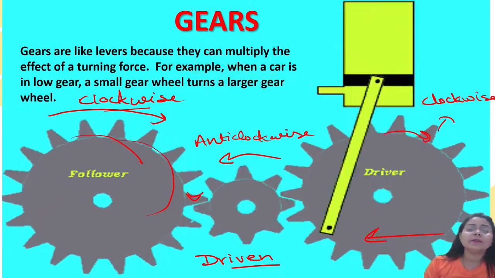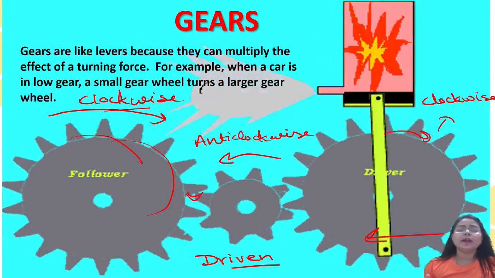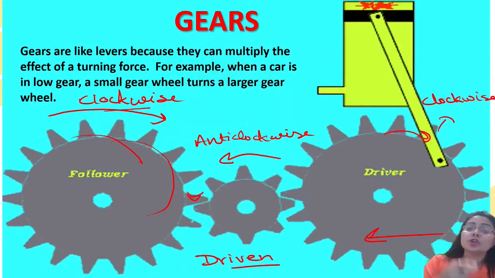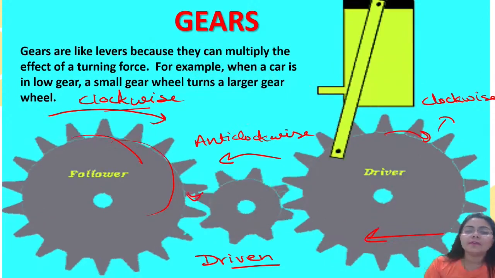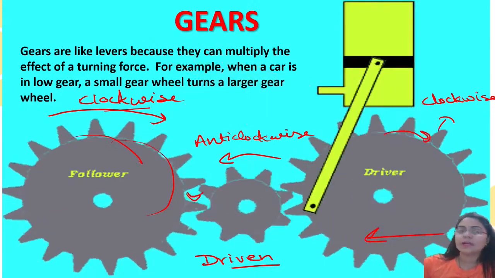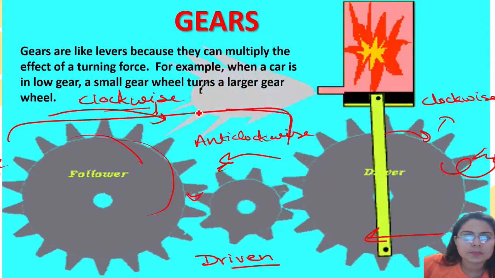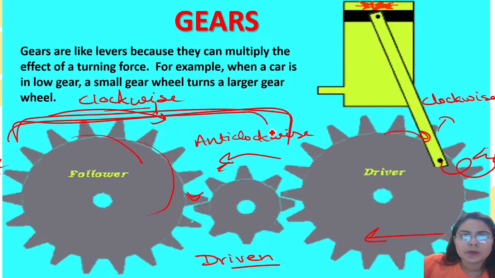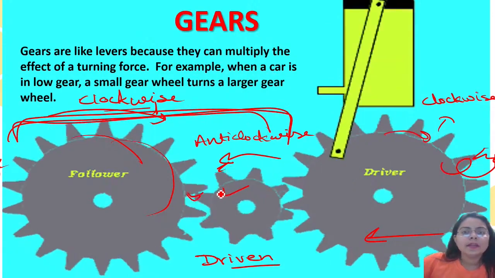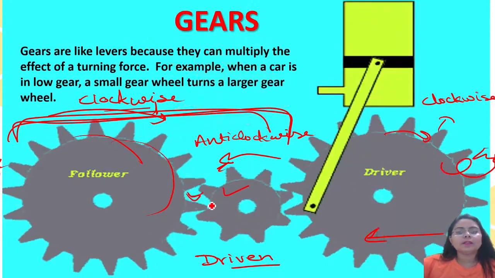If a larger gear is driven by a smaller gear, the larger gear will rotate slower. You can take this as an example. Suppose this is the driver one, the smaller part.